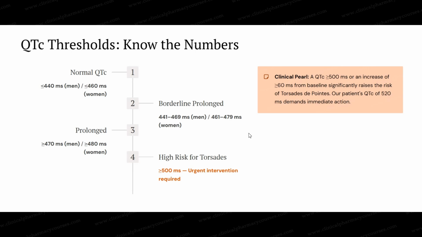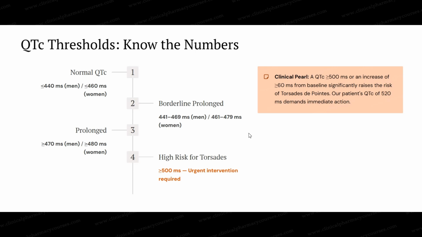I kept a clinical pearl there on the right side of the slide. Keep in mind that a QTc of 500 milliseconds or more, or even an increase in QTc by 60 milliseconds or more from baseline, whatever the baseline is, even if it's a normal baseline, poses risk and is usually associated with higher risk of torsades, even if the baseline of the patient was a normal or borderline QTc.